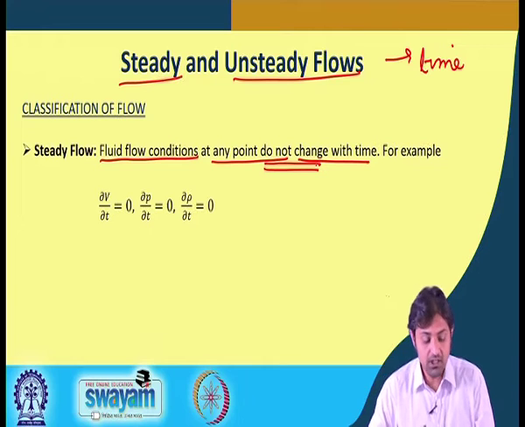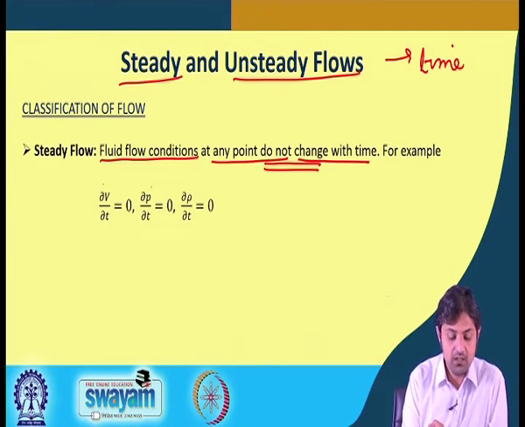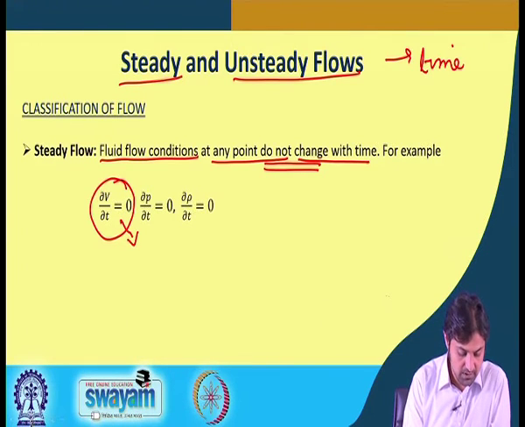For example, if velocity is V, pressure is given by P and density is given by rho, the derivative with respect to time is going to be 0. There is no change in velocity. This means that the change in velocity with respect to time is 0.